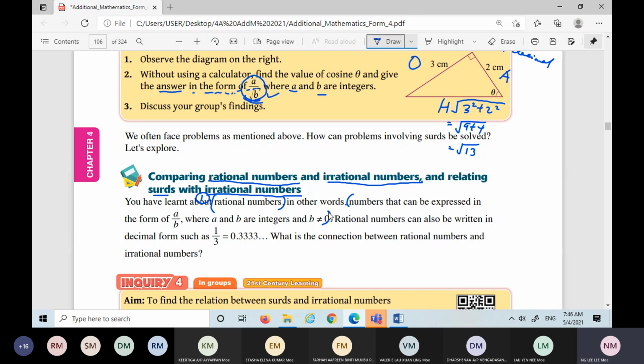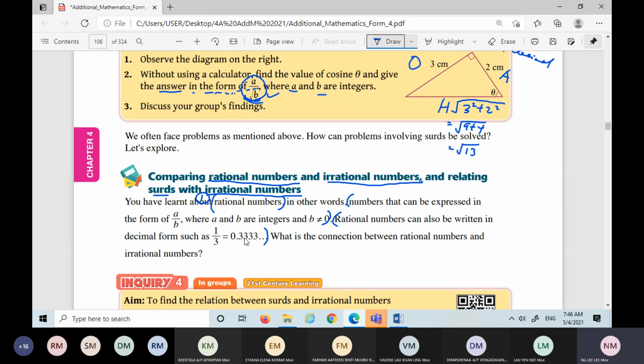Okay, so this is the definition of the rational number. And then you also need to know this: a rational number can also be written in a decimal form. For example, 1/3 you can write as a decimal, 0.3333.